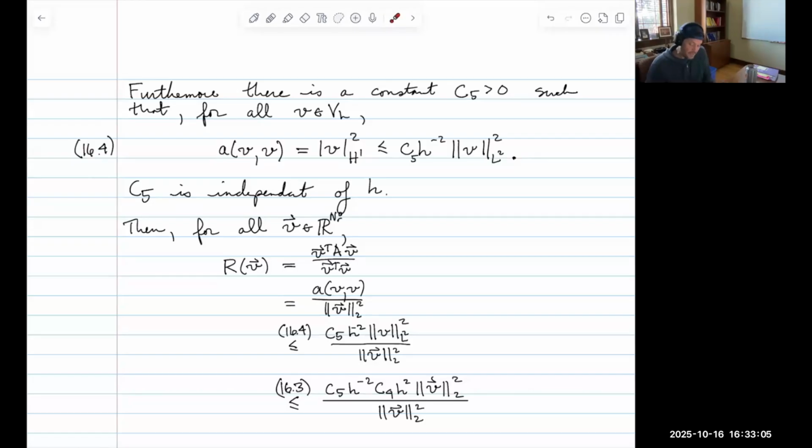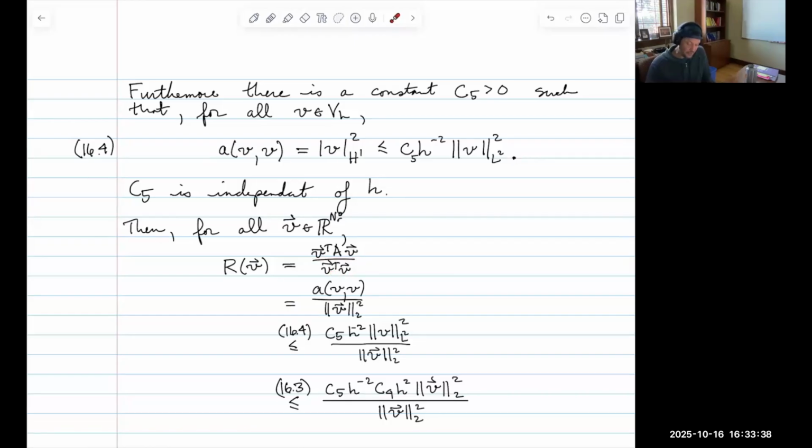But A is symmetric positive definite, and the Rayleigh quotient for A is a function of vectors v. We can think about these vectors as being a bunch of different possible coordinate vectors for our finite element functions. And the way you compute this is you multiply first A times v, you take that result and dot it with v again, and you divide that by v dot v, or in other words, v transpose v.